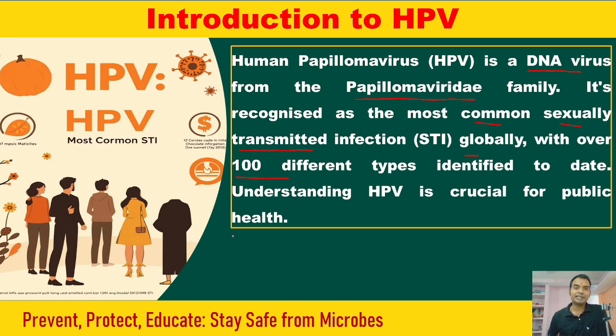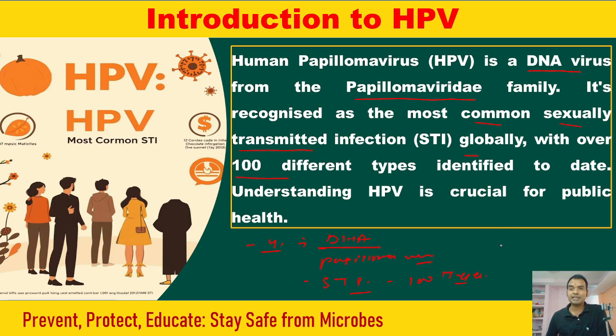In this slide, there are 4 important points. Number 1, it is a DNA virus. Second, it belongs to the Papillomaviridae family, and it produces sexually transmitted infections, and 100 types of human papilloma viruses have been identified to date.